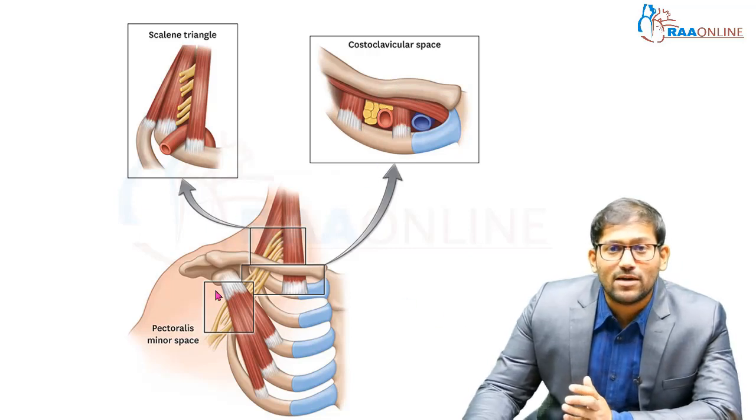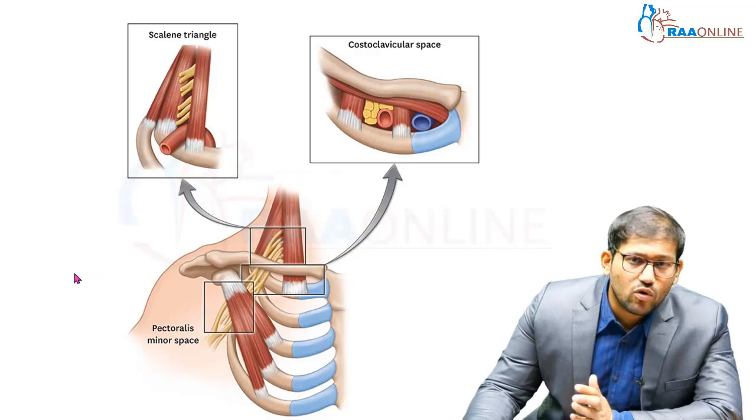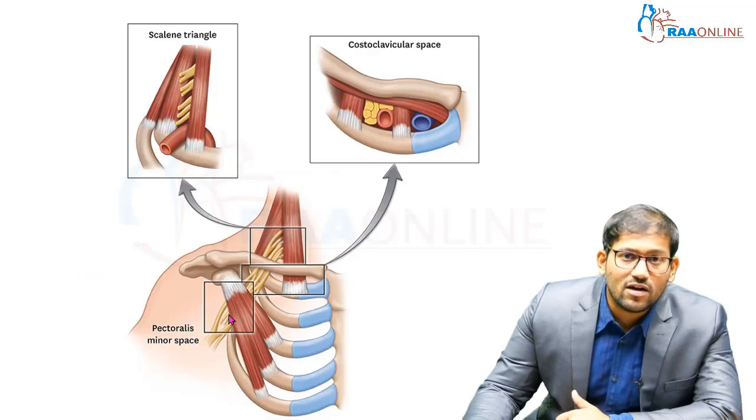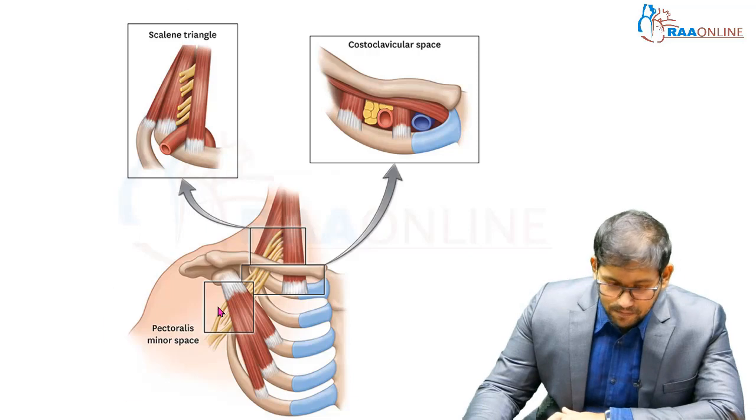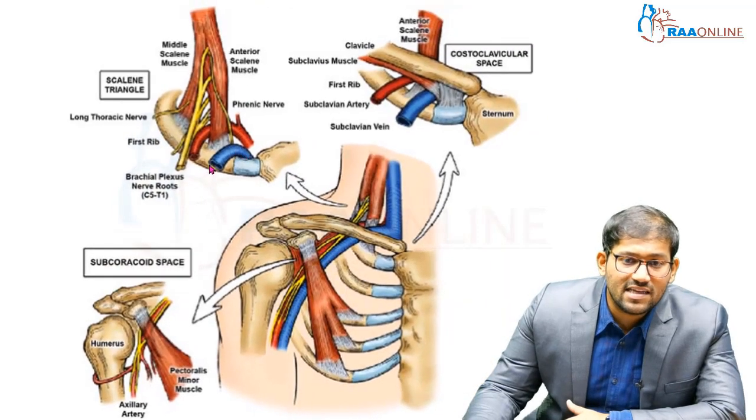Whereas when you come to the third space, which is your retropectoral space, it is way more lateral and it contains your axillary vessels along with the same contents of your brachial plexus. Another image being the same, you can see that the subclavian vein is more medial when you come in the scalene triangle.